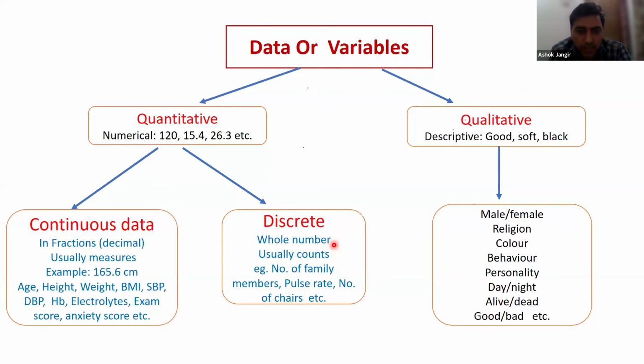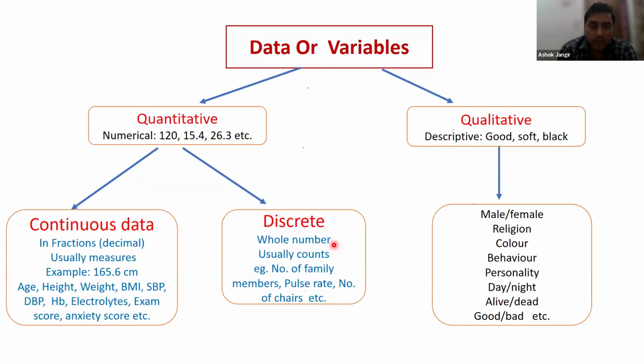Disease severity, mild, moderate, severe. These are also qualitative data. So you have to understand this slide thoroughly. Then when you do analysis, it will be very easy for you.